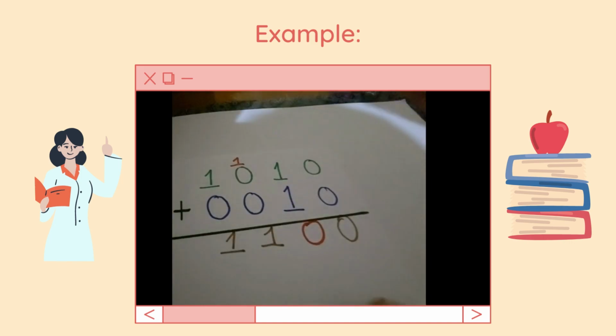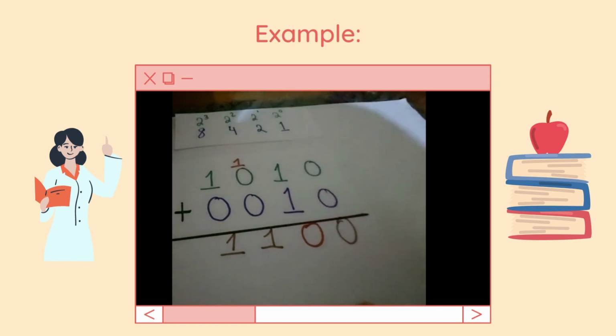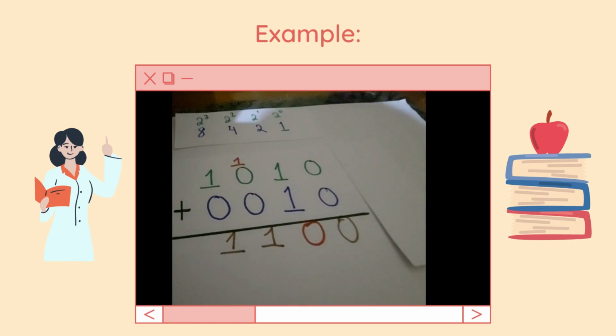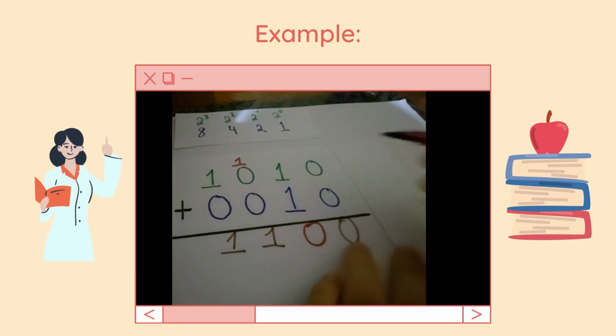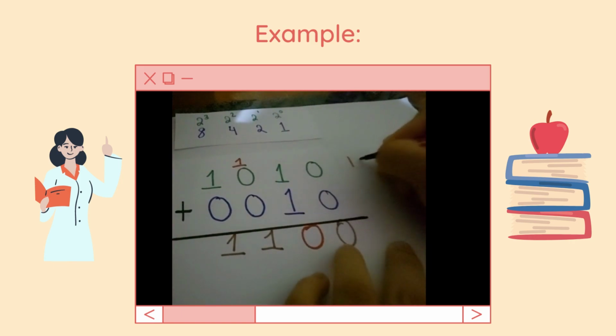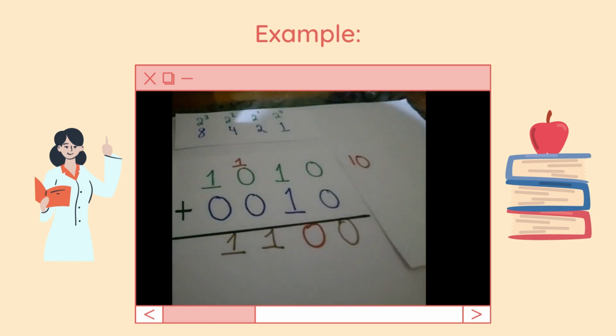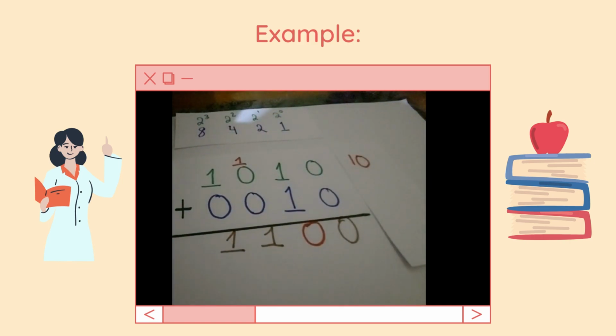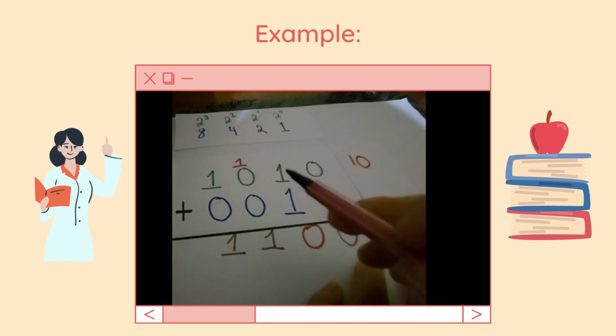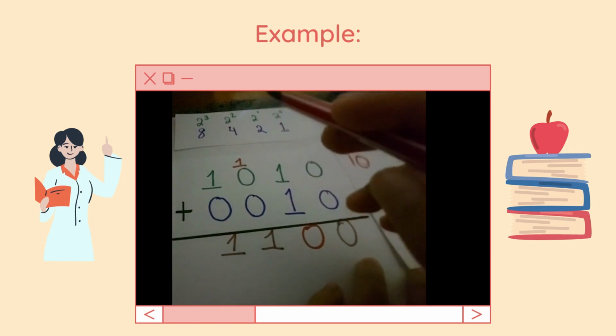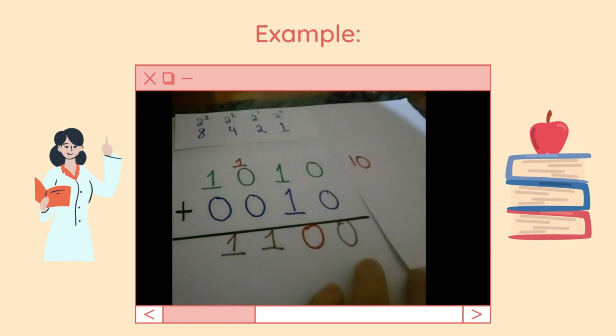Now, in regular numbers, using the table, we could say that 1010 is 10, because 8 plus 2 will give you 10. And we can say that the 1 over here is in accordance with the 2.